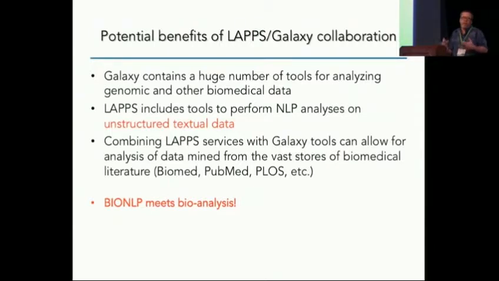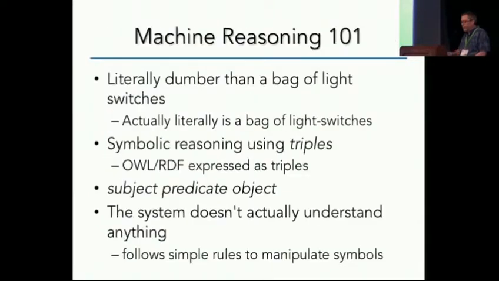And by unstructured text, I just mean things that aren't in XML documents that have sentence boundaries and token boundaries already marked up. We've just got free-form text flowing. So what we would like to be able to do is, say, parse all of PubMed, PLOS, BioMed, and whatnot, and extract relations that then can be fed back into Galaxy tools.